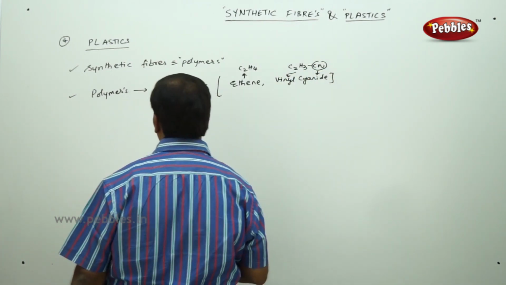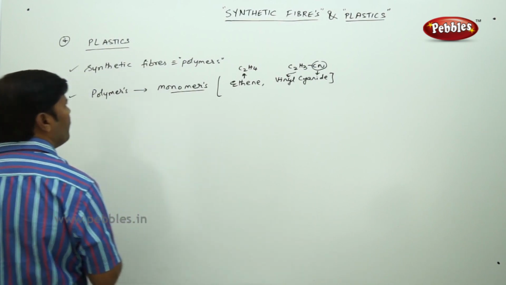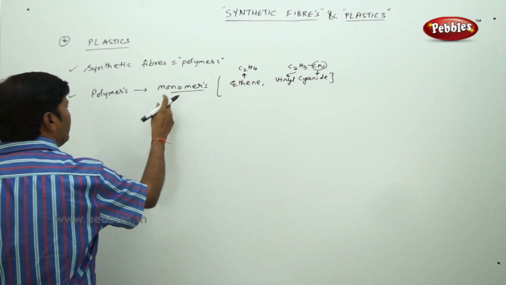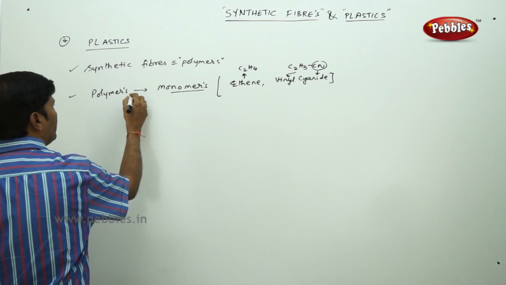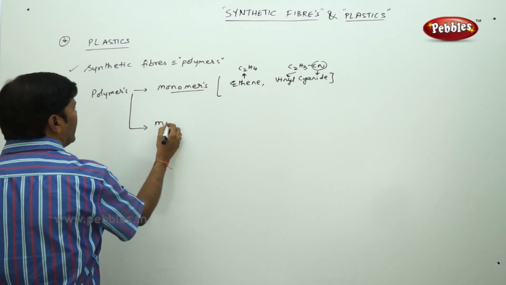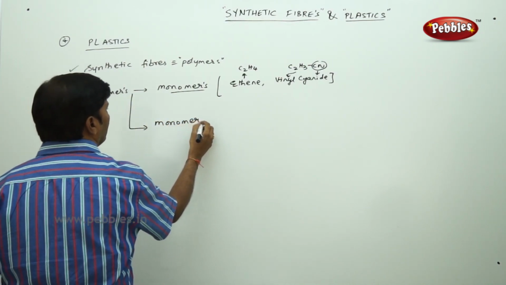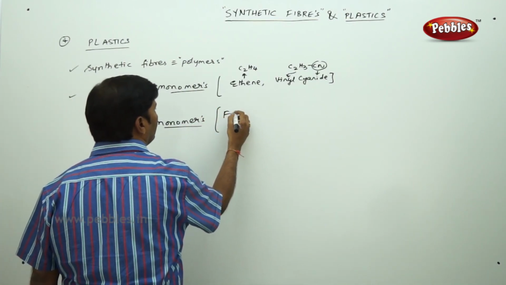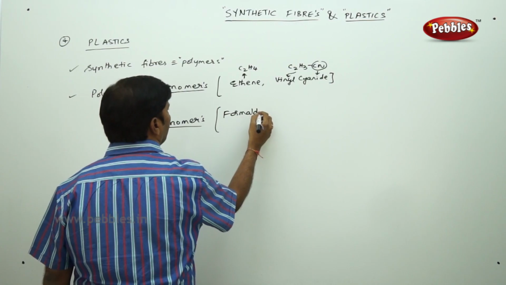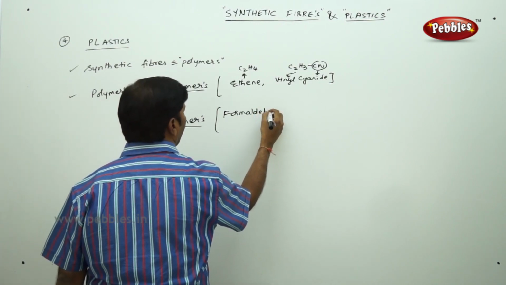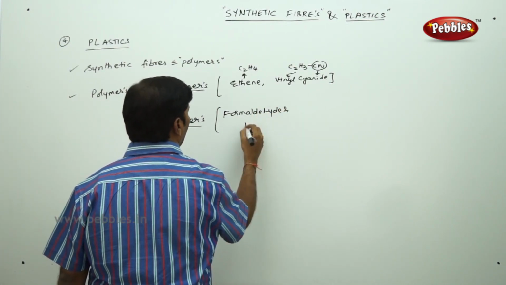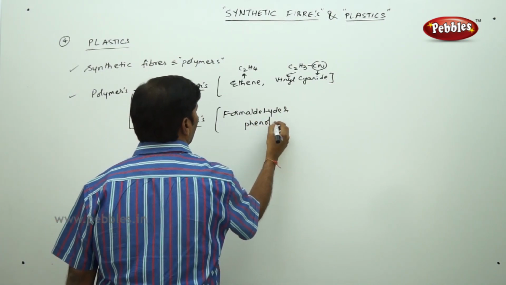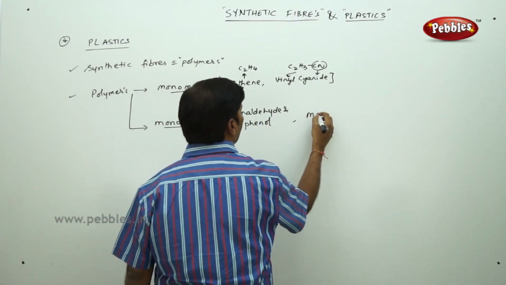So these are the two monomers. This is one case. Then suppose the same polymer has monomers like formaldehyde and phenol, and sometimes it has melamine.